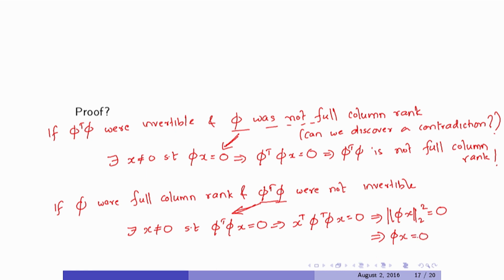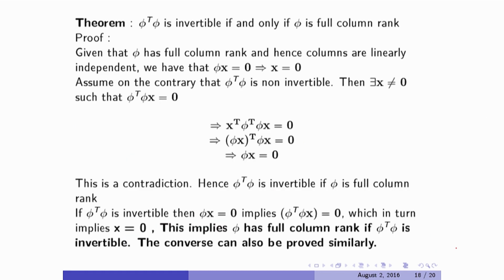This is again a contradiction because we assumed that phi were full column rank and phi x is turning out to be 0. So we have proved one part of this claim in this slide. We proved that if phi has full column rank, then phi transpose phi should be invertible.